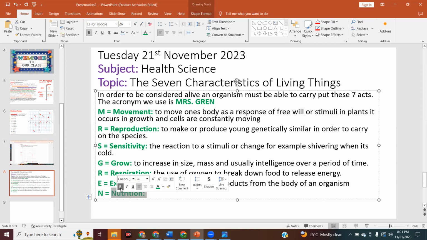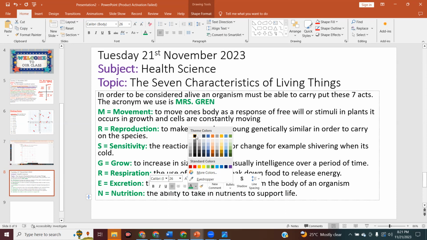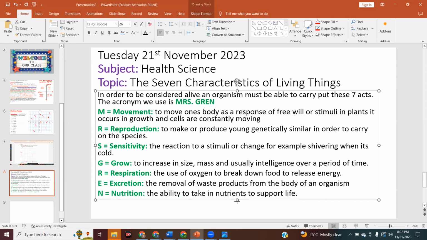The ability of an organism to take in nutrients to support life. And that comes in the form of eating foods, eating fruits, vegetables, potatoes, yam, hamburger, hot dog, whatever you eat, that has nutrients.